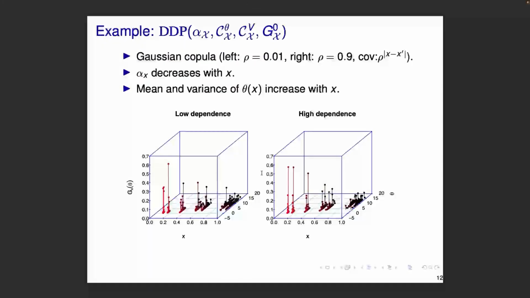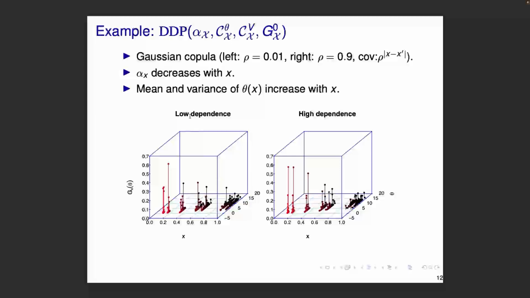Just very quickly, to have an illustration of how this looks, here I'm going to display two different realizations of the DDP for specific values of x. In this one, we are going to use a Gaussian copula with this covariance structure.